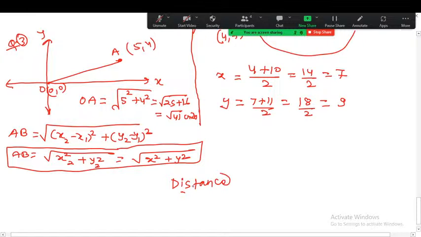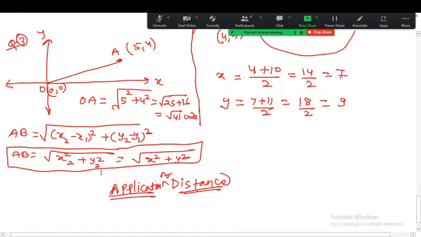These can be known as applications of distance formula, where we actually apply the distance formula. We can apply it to figure out distance directly.